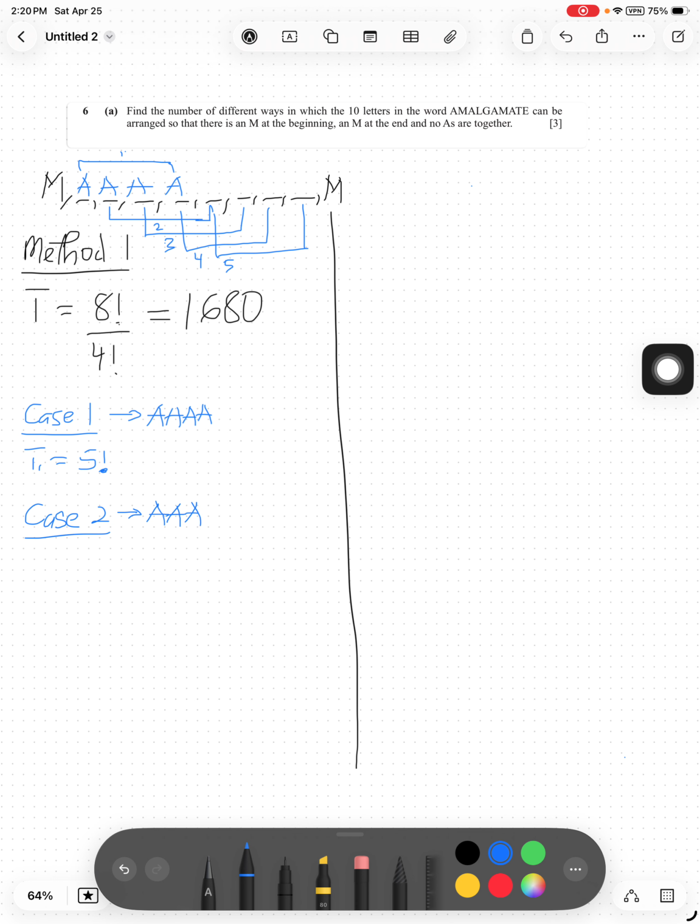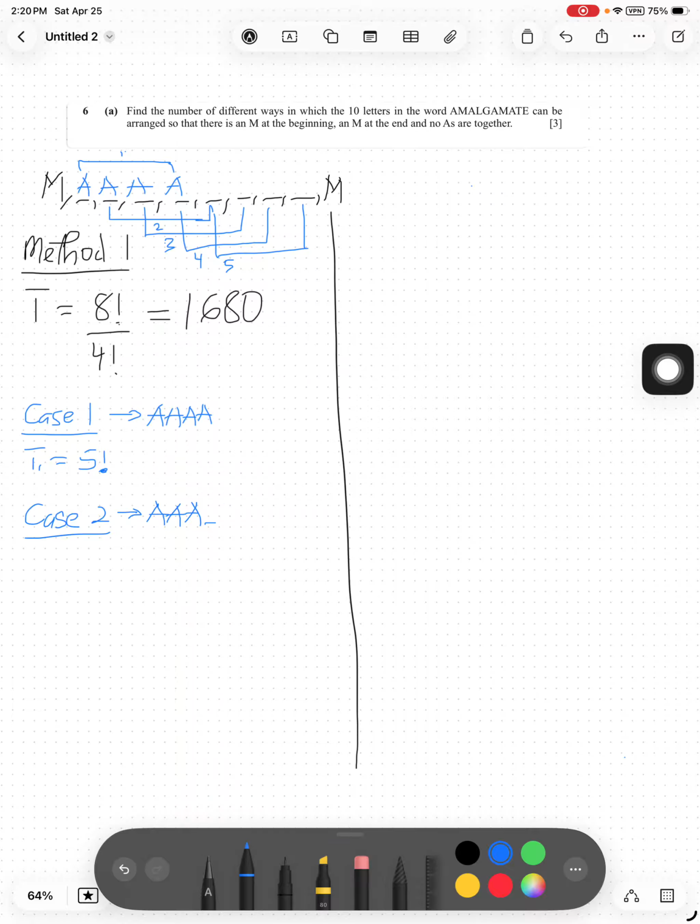Now mind you, when we have 3 A's together, we cannot join the 4th A to them, because once we do that, then we will come back to 4 A's sitting together. So it's going to be 3 A's, then a space. Then we can talk about putting the single A in different positions.